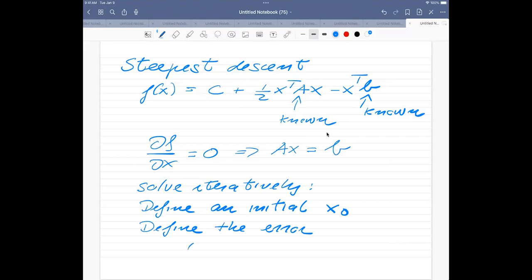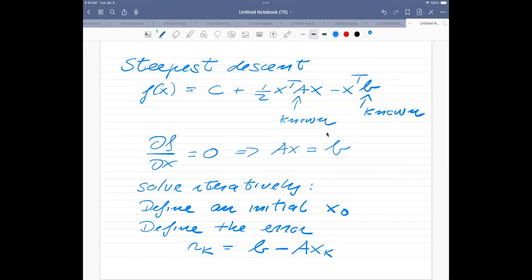We are going to call this R of iteration k, which is going to be given by, let me just rewrite it in a different way, it doesn't matter actually, but it's easier to deal with, b minus A times x of k.